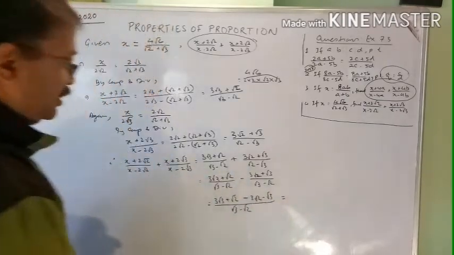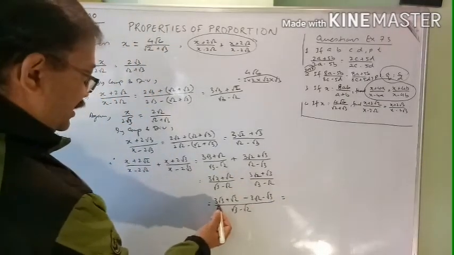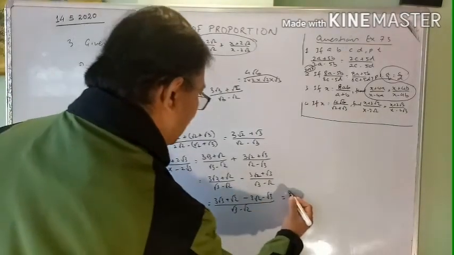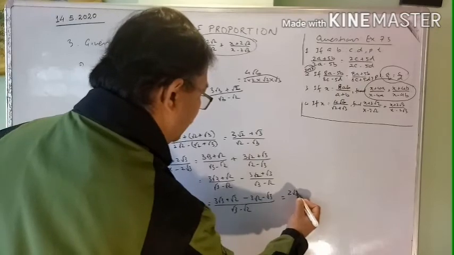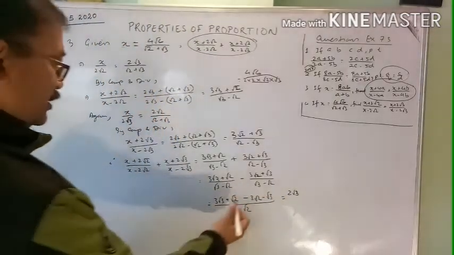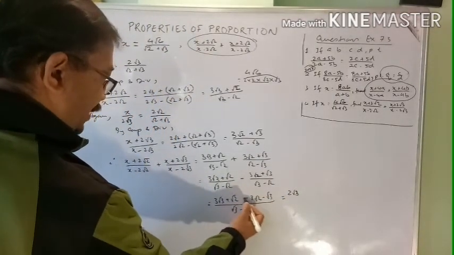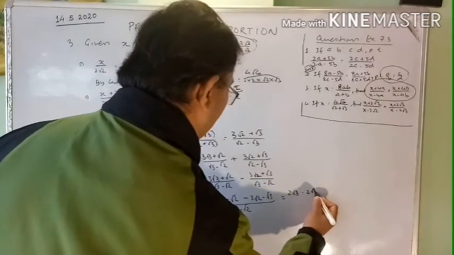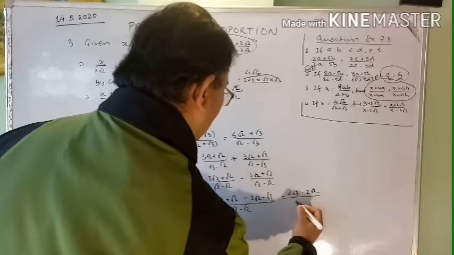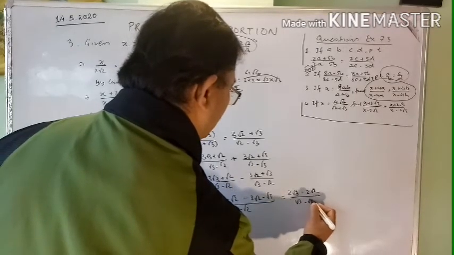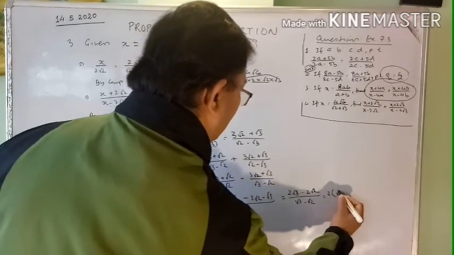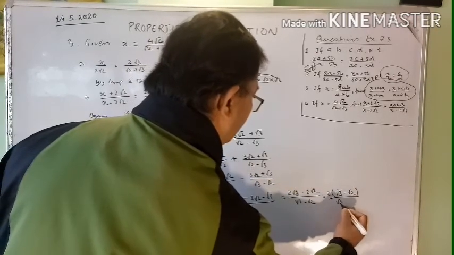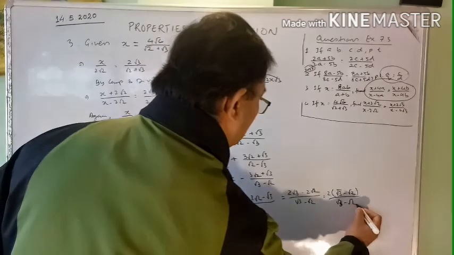So now if you simplify, 3 root 3 minus root 3 will be 2 root 3, and 3 root 2 minus 3 root 2 plus root 2 will be minus 2 root 2, divided by root 3 minus root 2. So if you take 2 common, you get root 3 minus root 2 upon root 3 minus root 2.